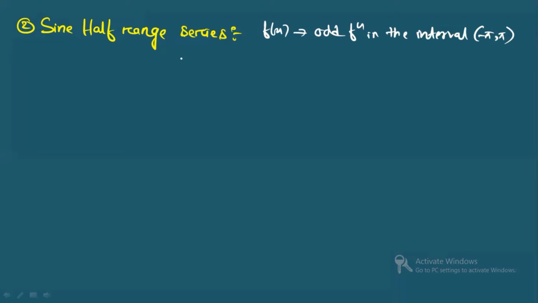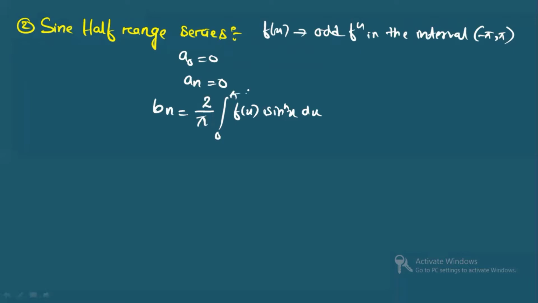For the sine series, a naught is equal to 0, an is also equal to 0, but bn will be equal to 2 by pi, because sine is also odd, and odd times odd, the product will be even. So bn is the integral from 0 to pi of f(x) sine nx dx. So this is the sine half range series, and the other one was the cosine half range series.